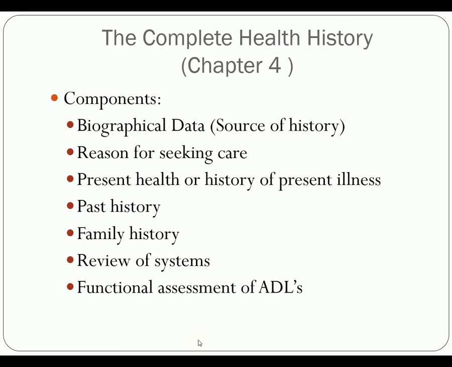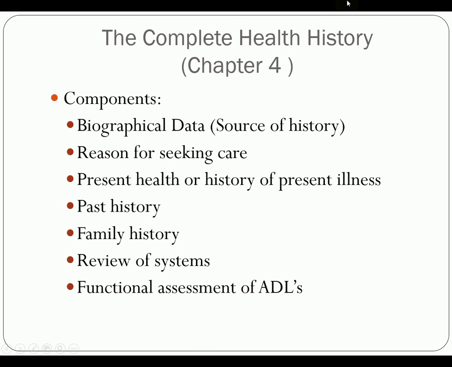Some examples on page 49 in your book are the patient herself, who seems reliable; the patient's son, who seems reliable; Mrs. Somebody, the interpreter, who does not speak English. So you want to make sure you're putting the person, comma, and if they seem reliable or not. All right, so that takes care of the biographical data. Easy peasy, 5 points.